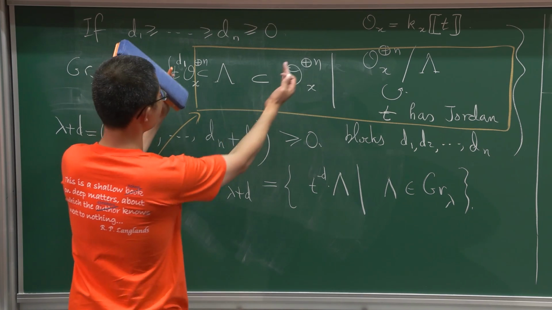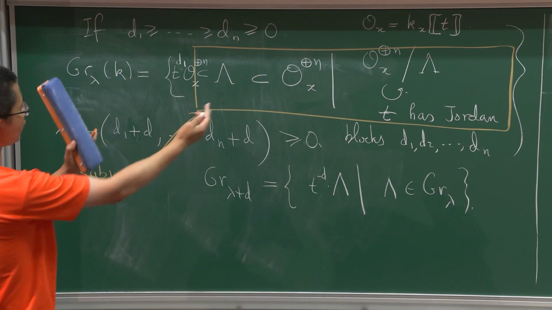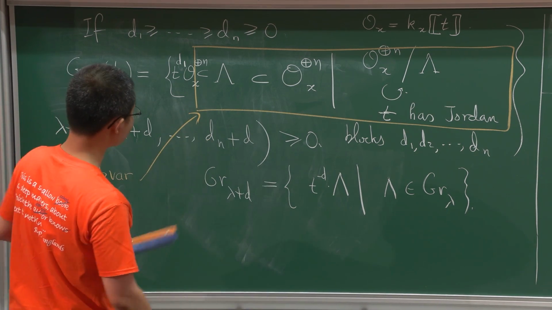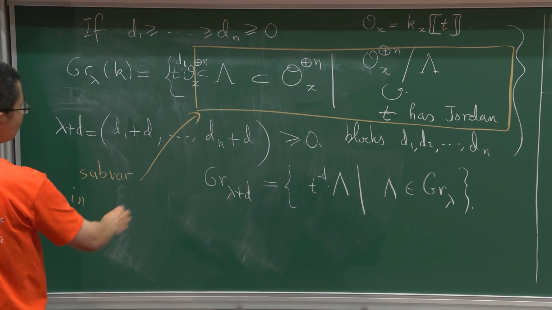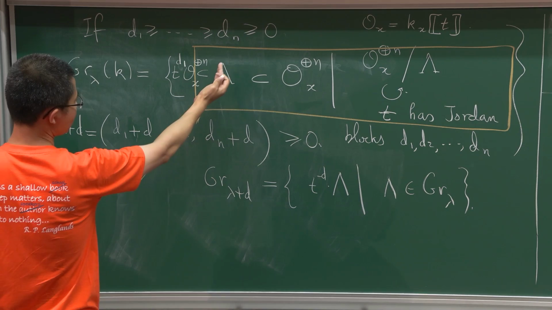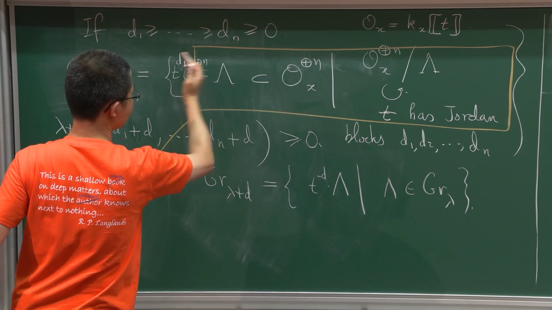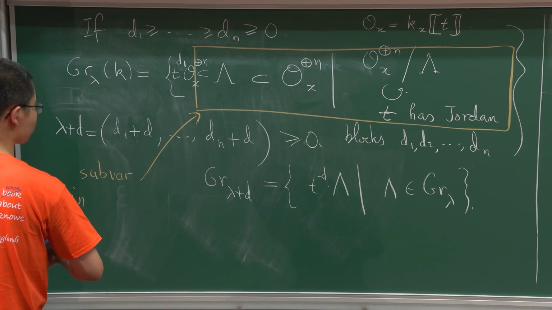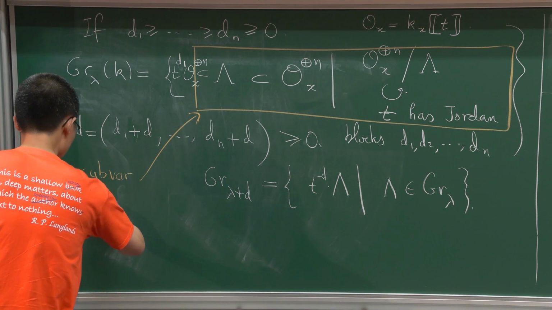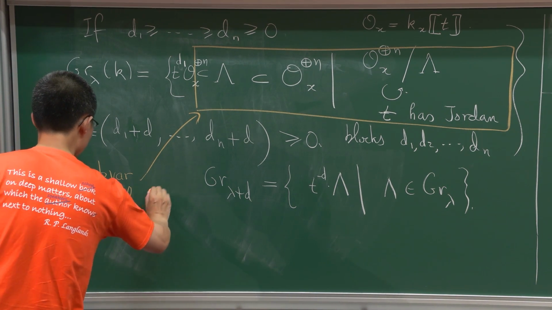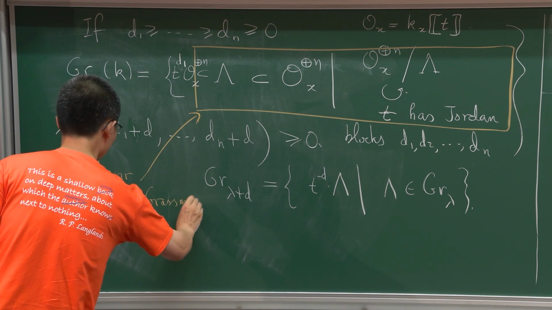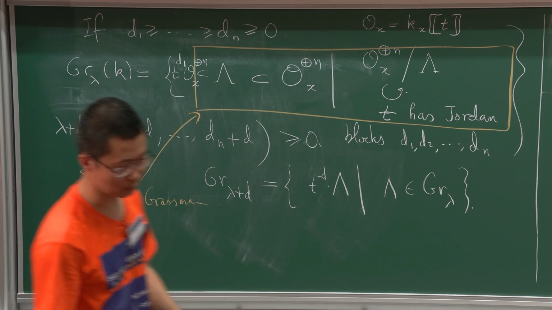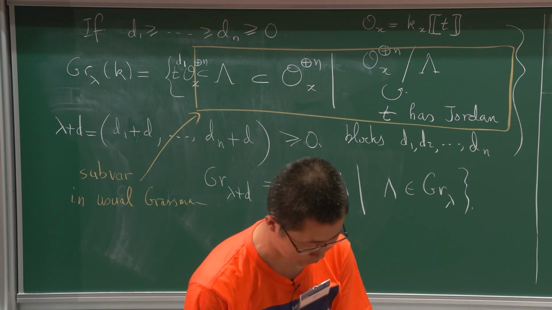So lambda is between these two lattices. There's only a finite dimensional degree of freedom over the residual field for lambda. So the choice of lambda is some subspace in a fixed finite dimensional vector space. So it's a closed subvariety in the usual Grassmannian, and therefore a projective variety.